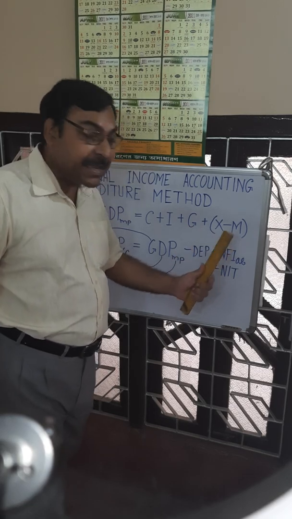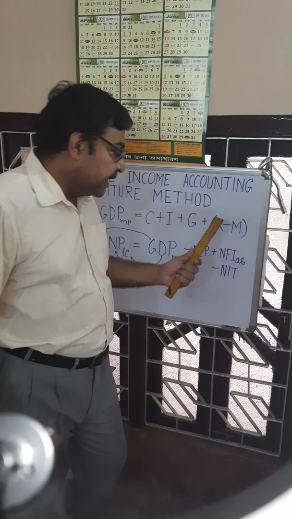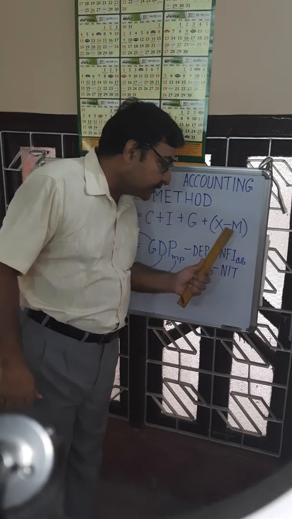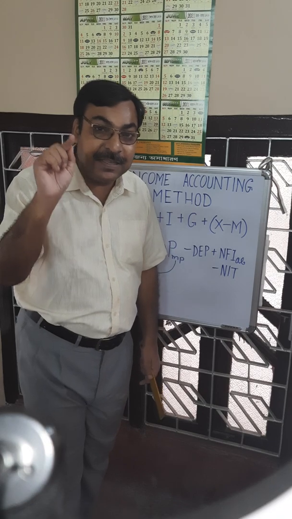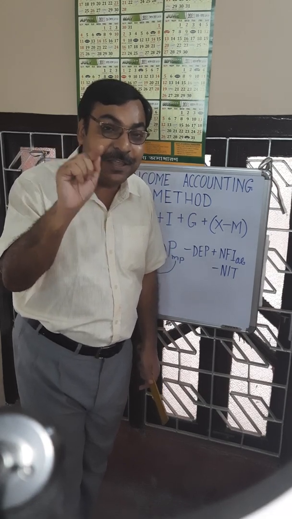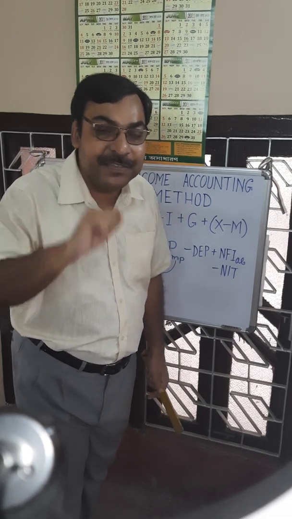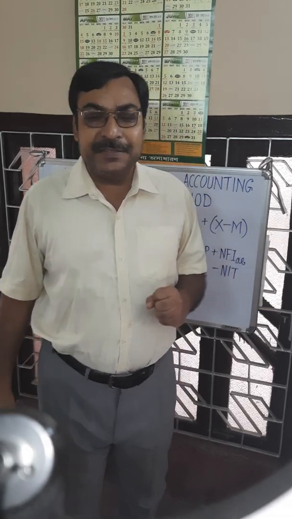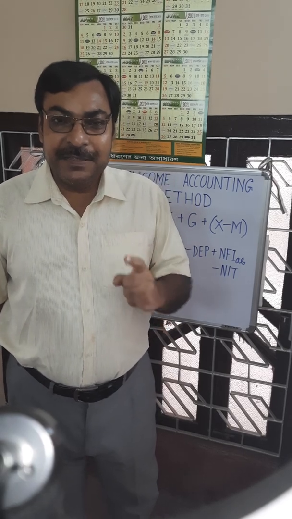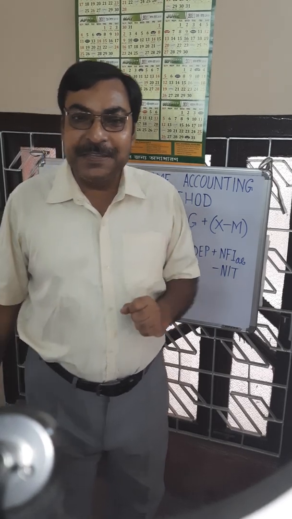Last, X minus M. Here X stands for export and M stands for import. This is for another economic agent, foreigners related to our economic system. Part of our domestic goods or services is purchased by the foreigners. This is our export expenditure.